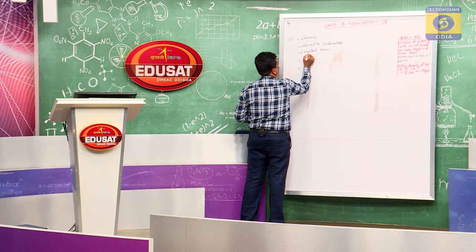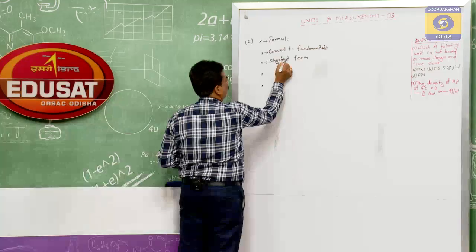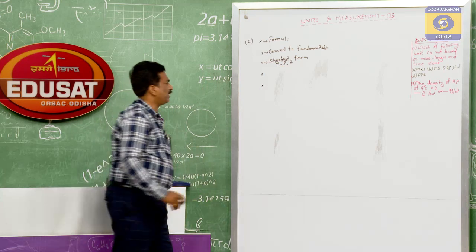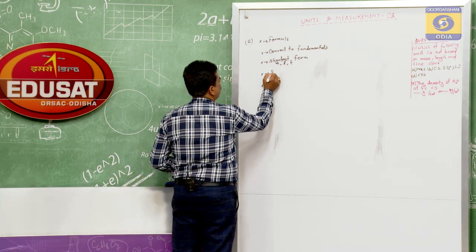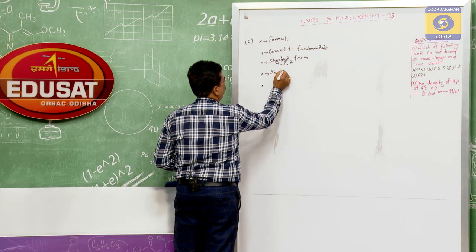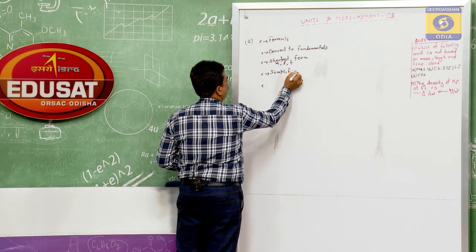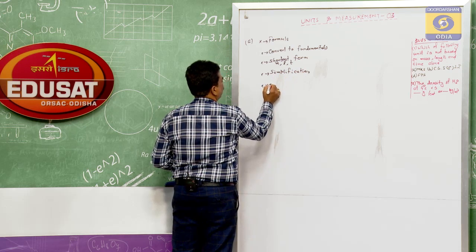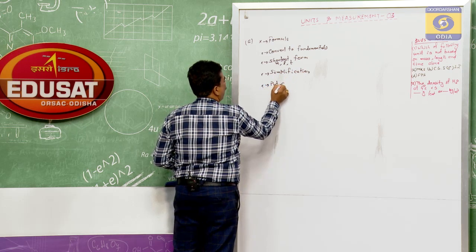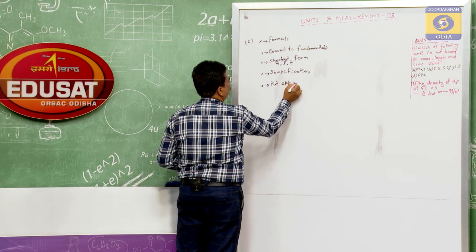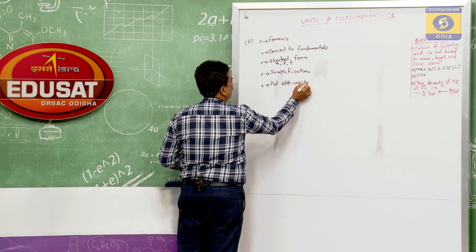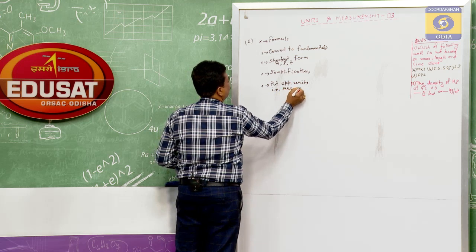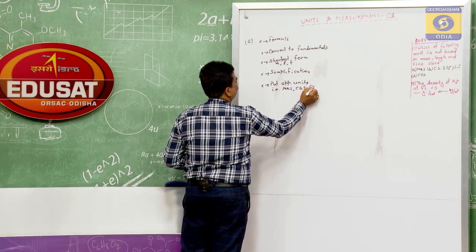What is that shortest form? For the mass small m, for the length L, for the time t, as we have adopted. The fourth one is simplification, and the fifth one is to put appropriate units. Those appropriate units are MKS, CGS and FPS.